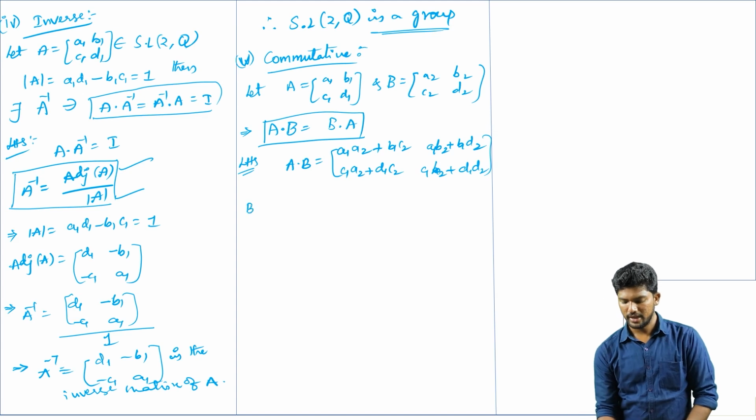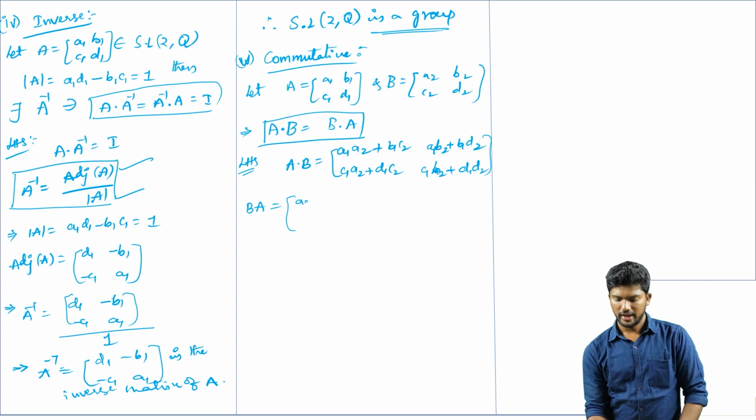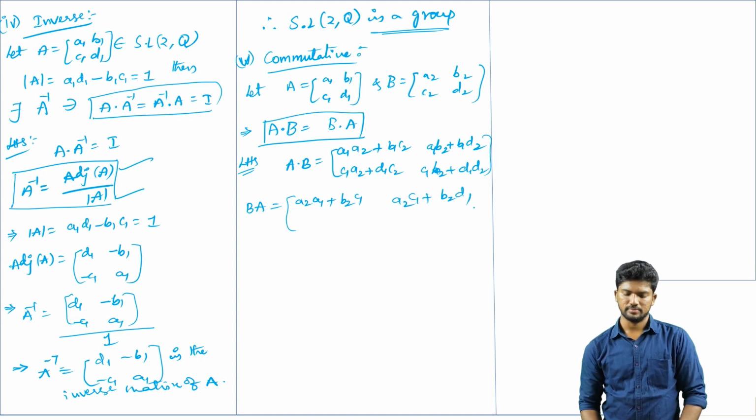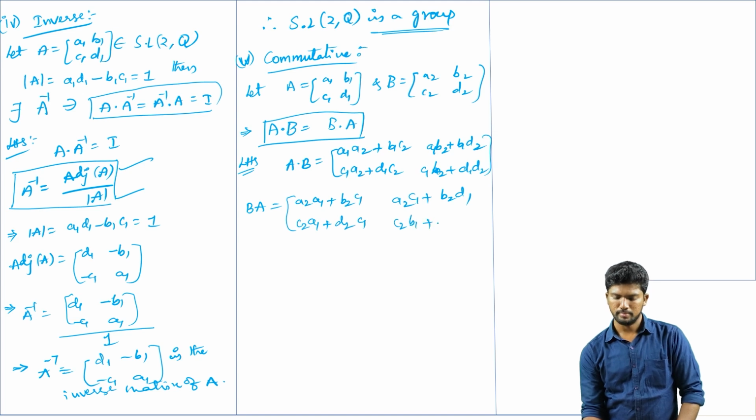Now I am writing BA. BA is equal to, writing directly: A2 A1 plus B2 C1, next A2 B1 plus B2 D1, next C2 A1 plus D2 C1, next C2 B1 plus D2 D1.